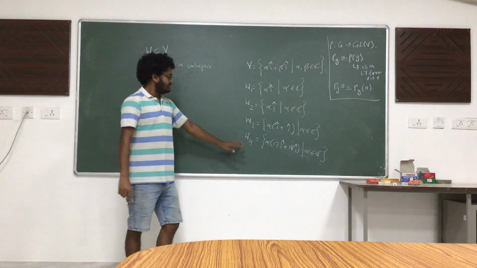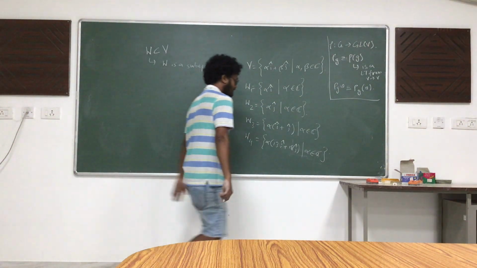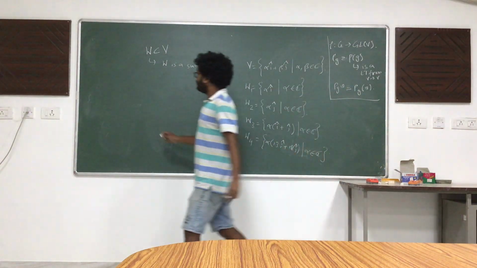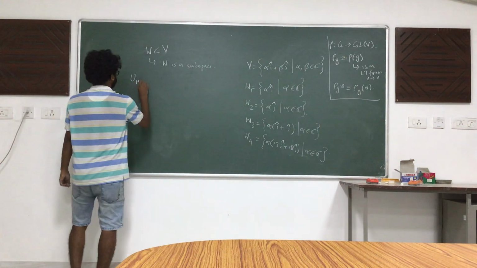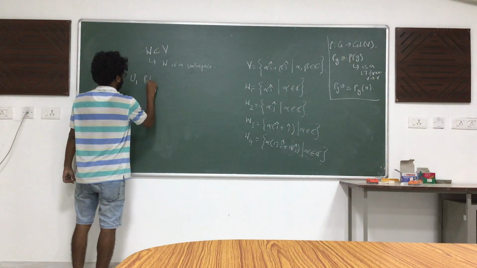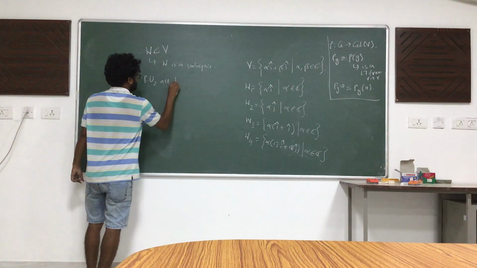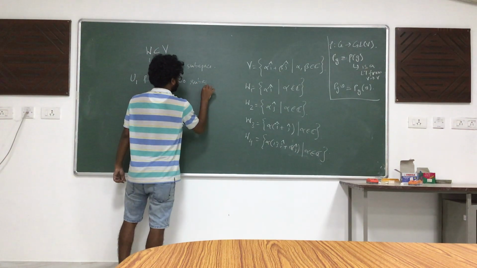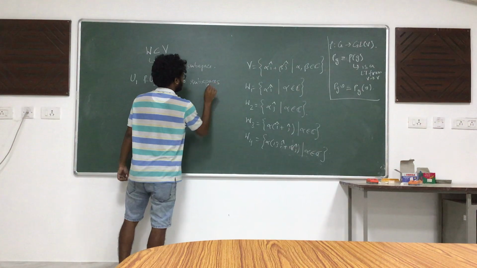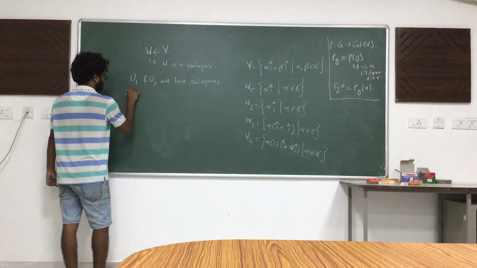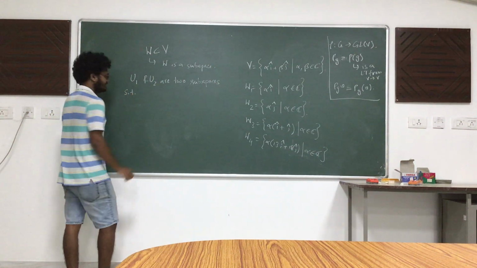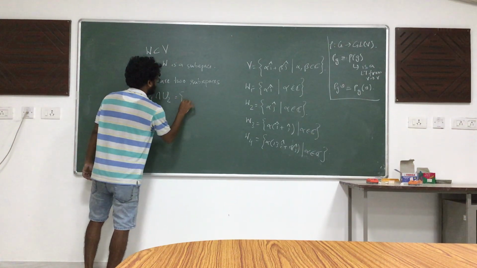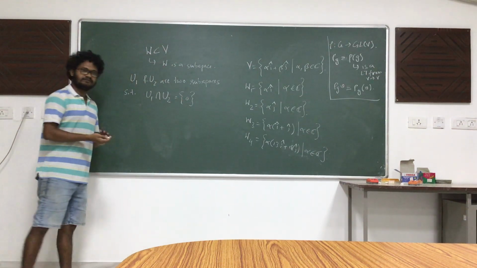Now let us say U1 and U2 are two subspaces such that U1 intersection U2 is just the 0 set.